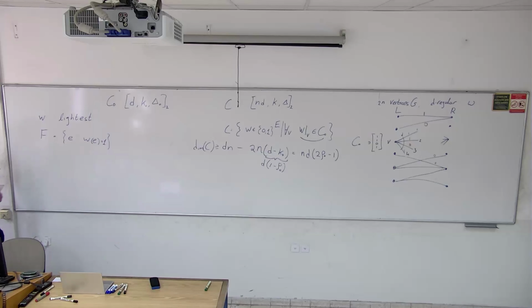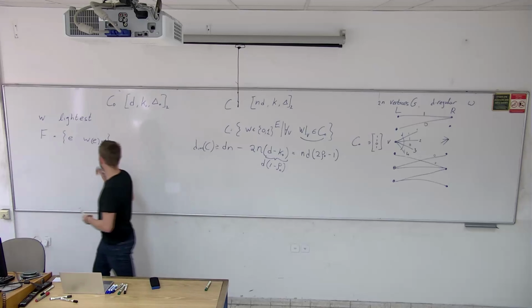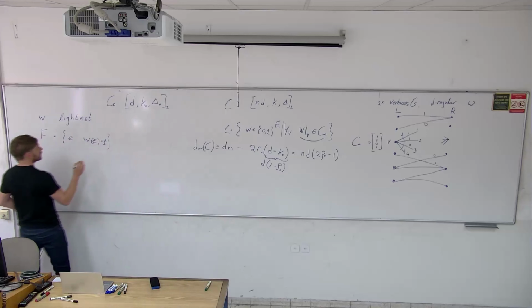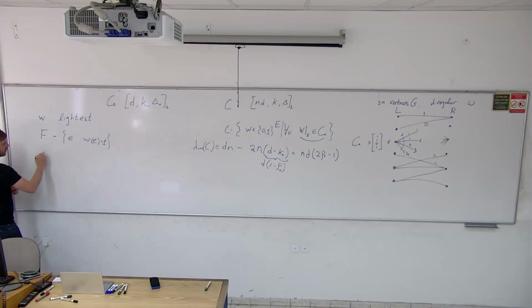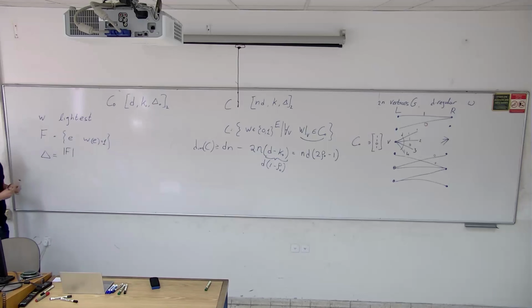I want to claim that F is large. What's the distance of the code in terms of F? Oh yeah, just the size of F.